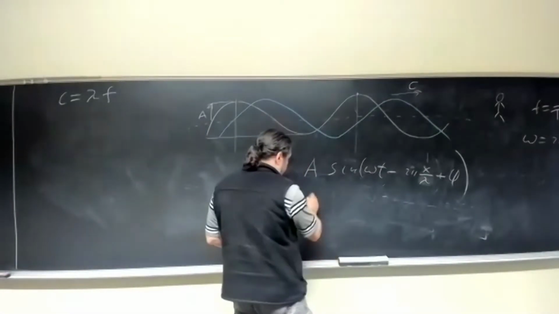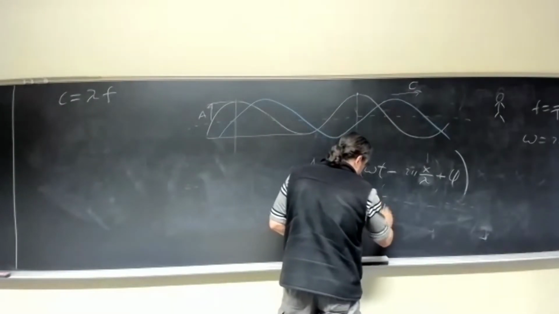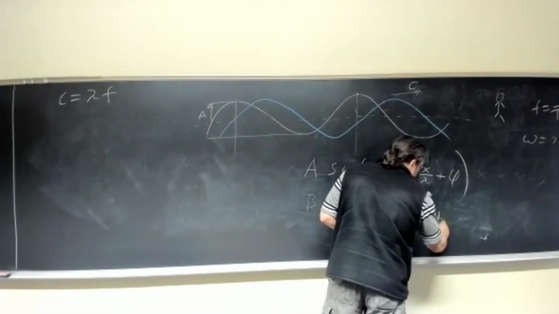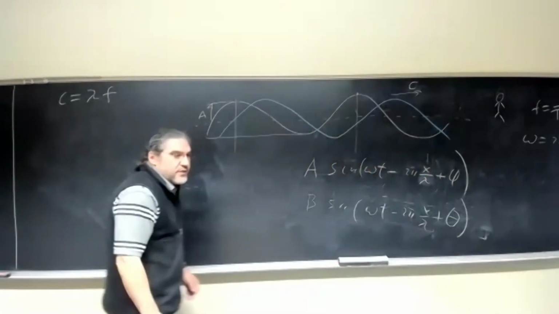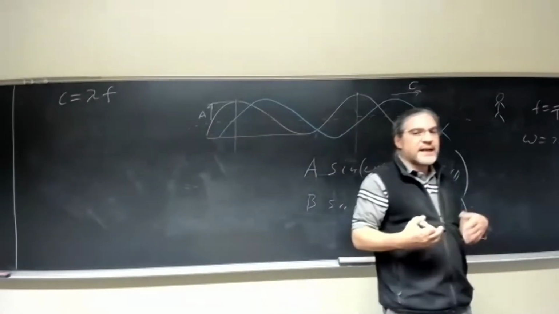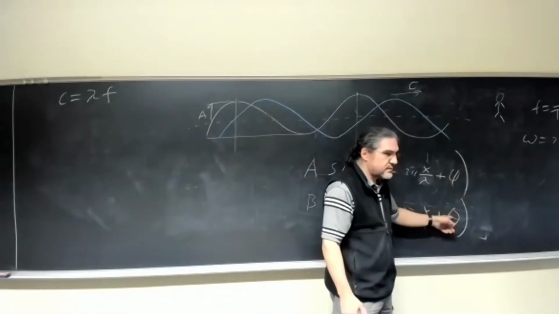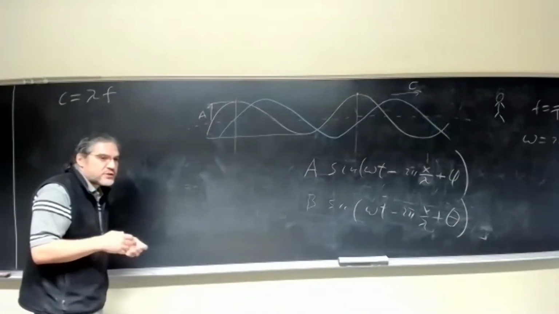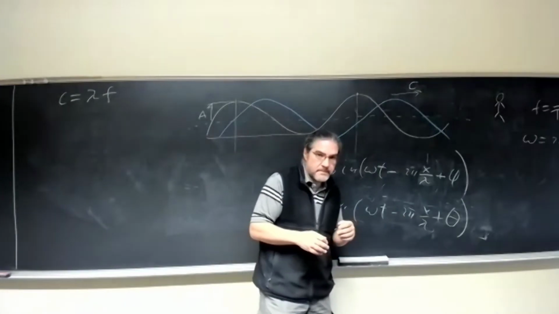So the next wave is b times sine, the same thing, omega t minus 2 pi x divided by lambda, plus some other phase. Then it means that one wave is shifted with respect to the other. And I cannot compensate for the difference between the phases by changing my origin of coordinates and the origin of time. Okay? That makes sense?